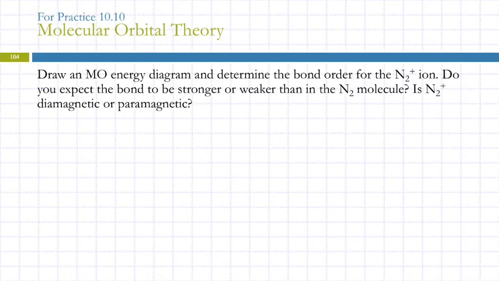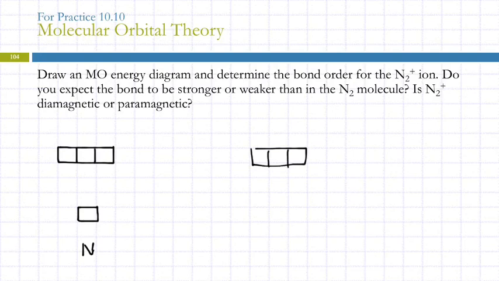Okay, so we're going to start out with our p orbitals and our s orbitals. So this is a nitrogen atom, and then we've got another nitrogen over here. This one, though, we're going to make N plus, because we're doing N2 plus, so one of these has to be missing an electron.